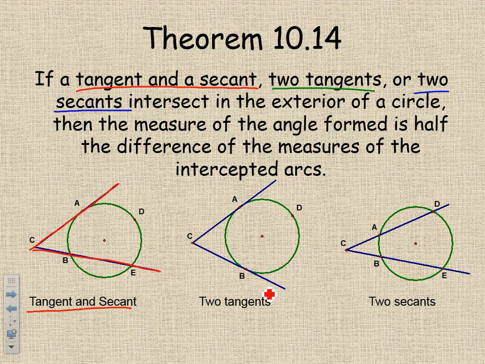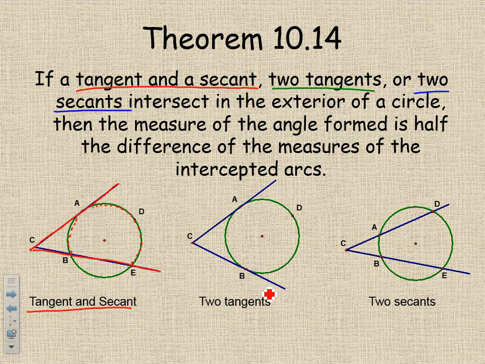So those 2 lines are intersecting outside of the circle at C. Now hopefully you can see that the intercepted arcs are ADE and AB.